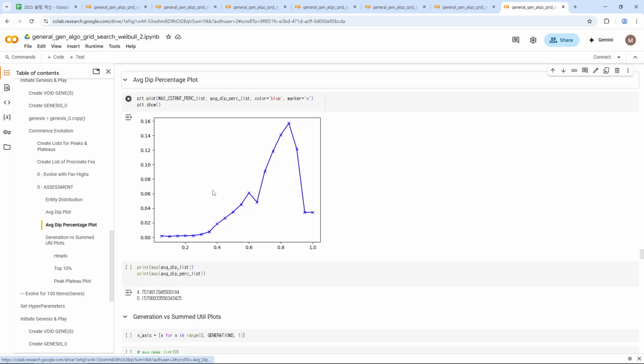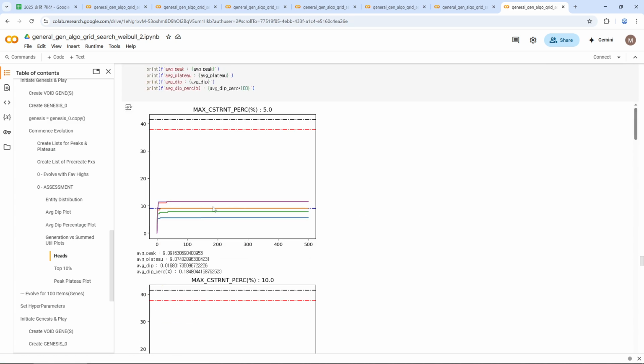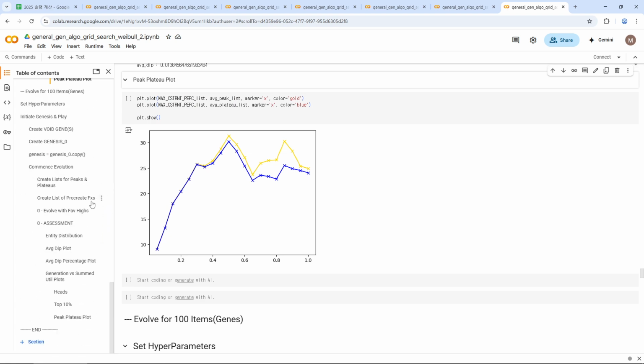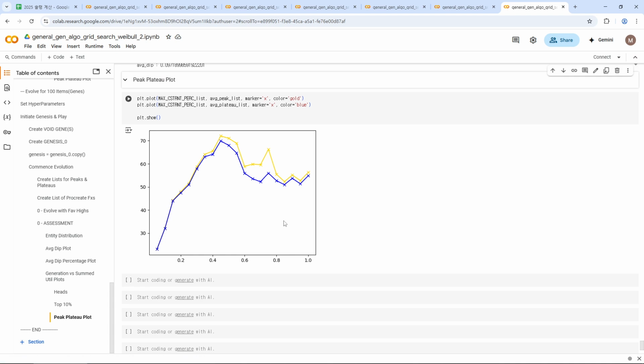Average dip plot, average dip percentage plot. Heads, no, we can skip that. Peak plateau plot, about the same shape. And plateaus happening at around 70. 100 items, plateaus happening mostly at around 60 to 80, so 70.